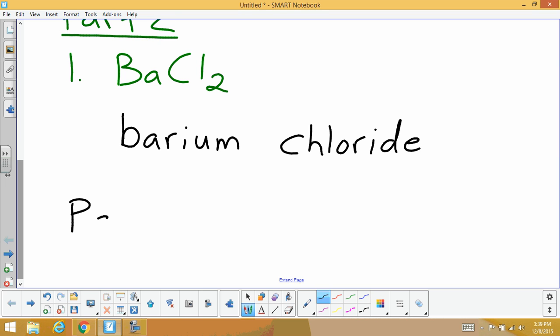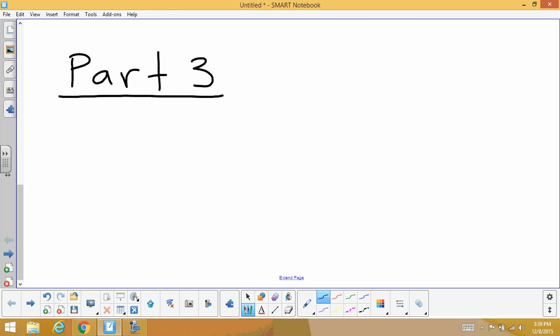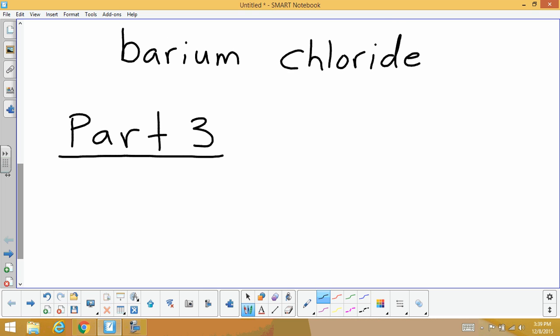So part three, we're going to do the first example problem again. And this is going to be a metal with a polyatomic. And once again, you hear polyatomic. If you've learned all the polyatomics, great, since you're having a quiz on it tomorrow. If not, use that lilac sheet as a help. So we have Li, parentheses, OH.